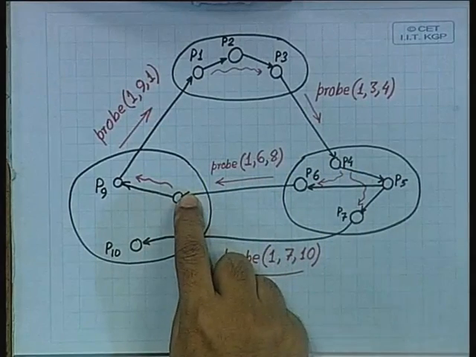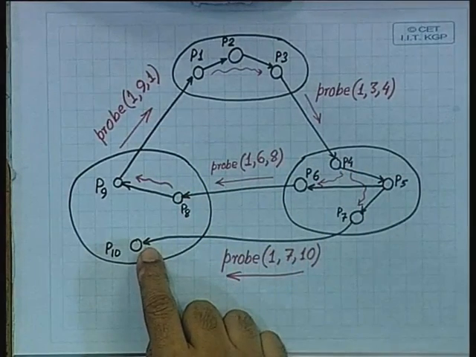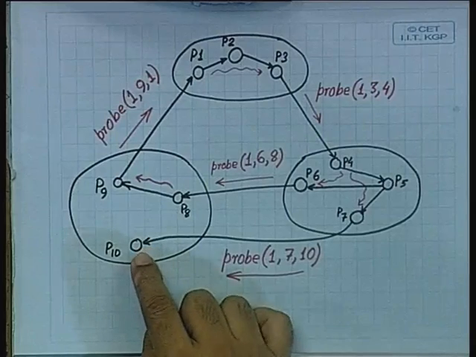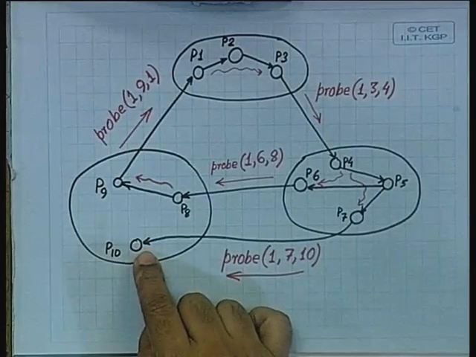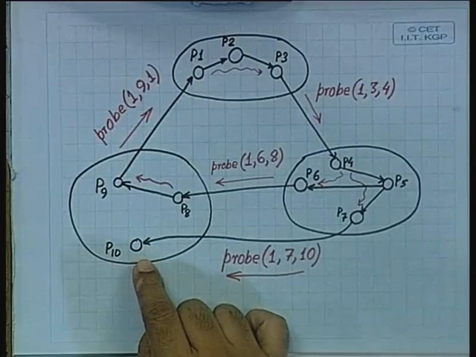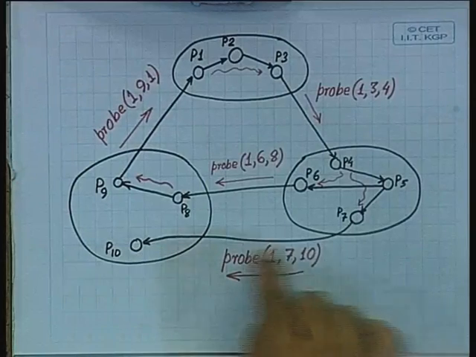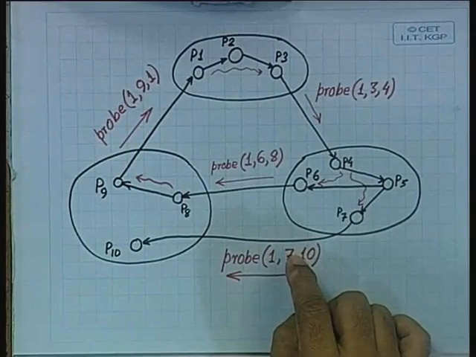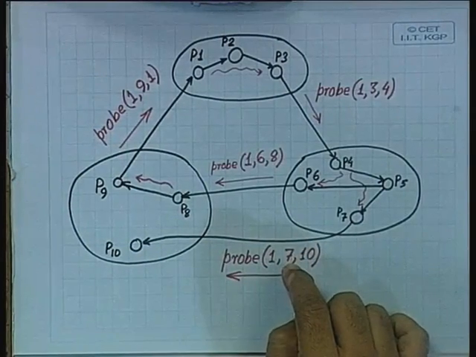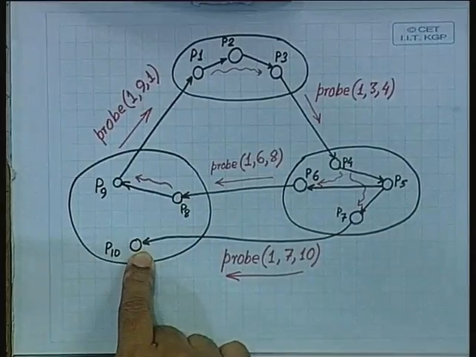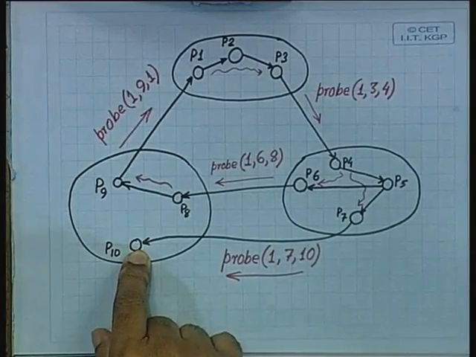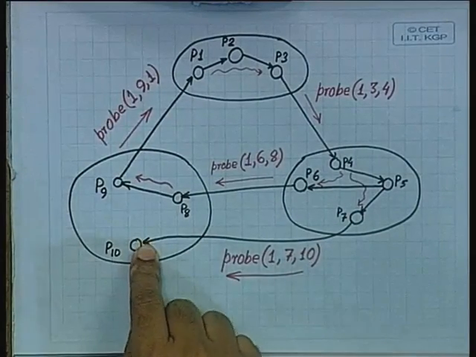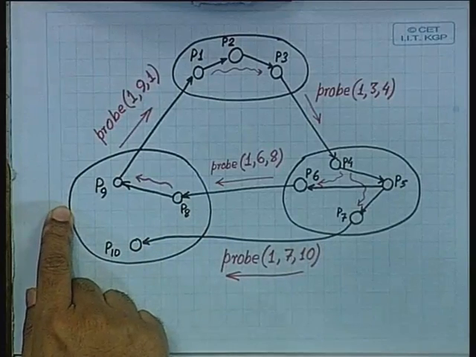So, if any of them becomes resolved at any point of time or has a potential of being resolved, then that node is not blocked, right. So, it is going to come out of it, right. So, when the probe message reaches here, P10 is not blocked, and once P10 is not blocked, there is no further probe from P10.